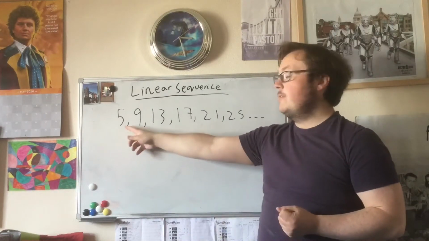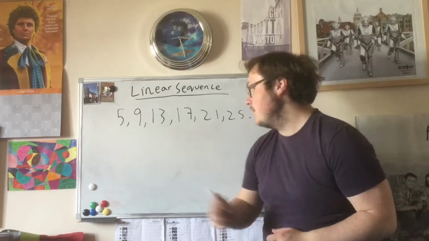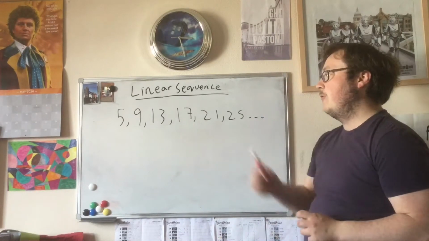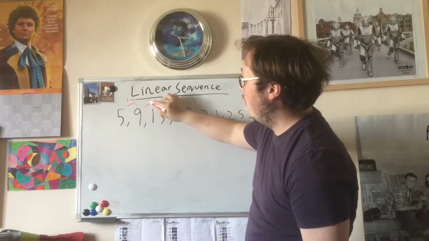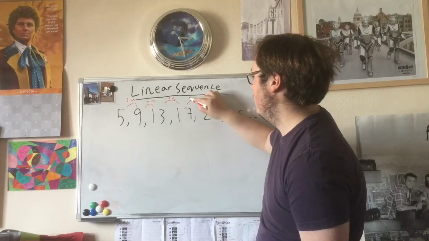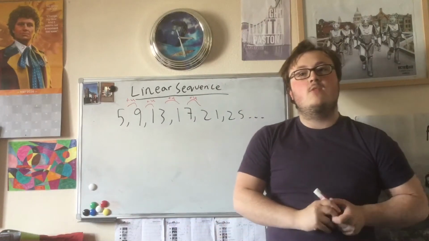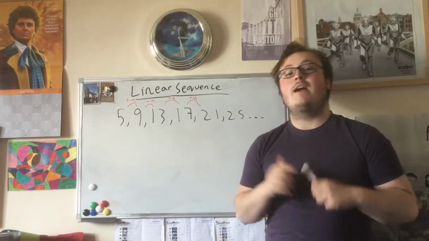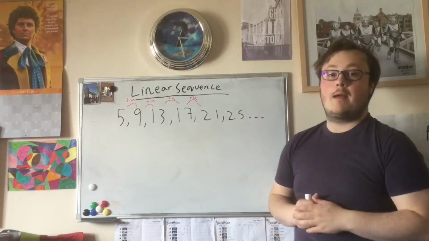There's a difference of 4 here, 4 there, 4 there, 4 there, and 4 there. So this sequence is increasing by 4 every time. And that's what makes a sequence linear, if a sequence is increasing by the same number every time.